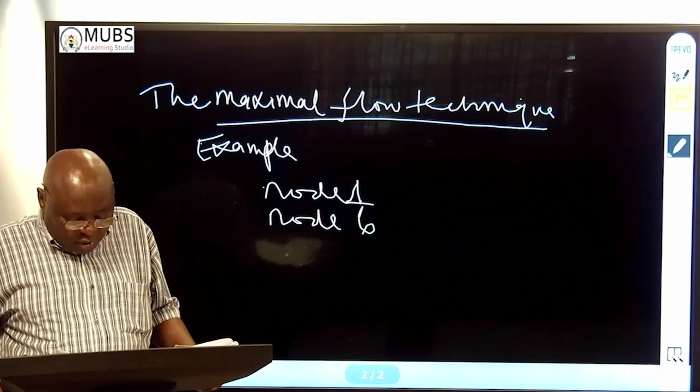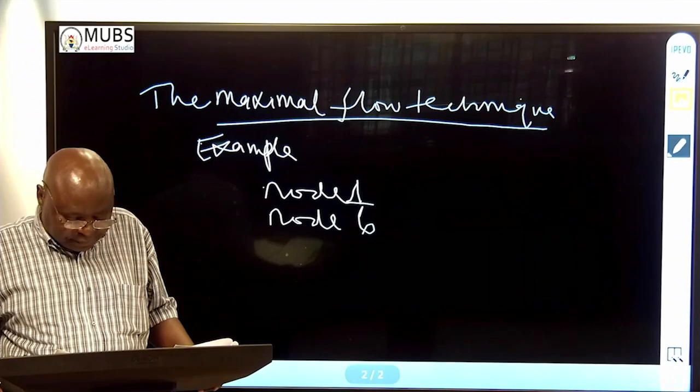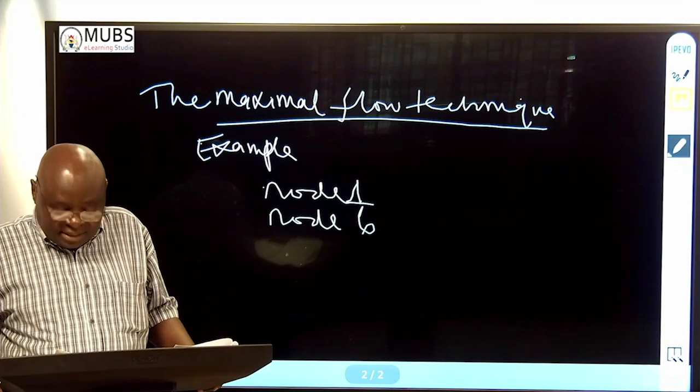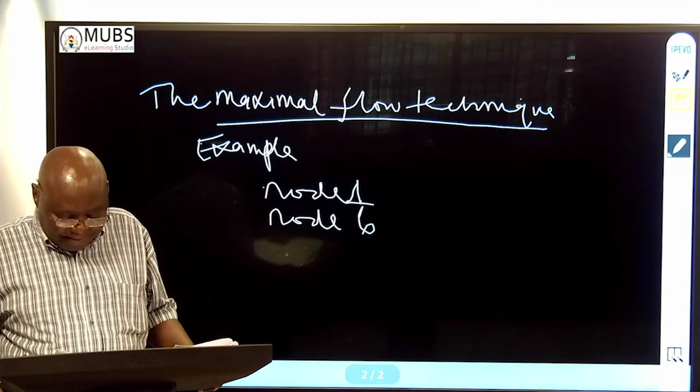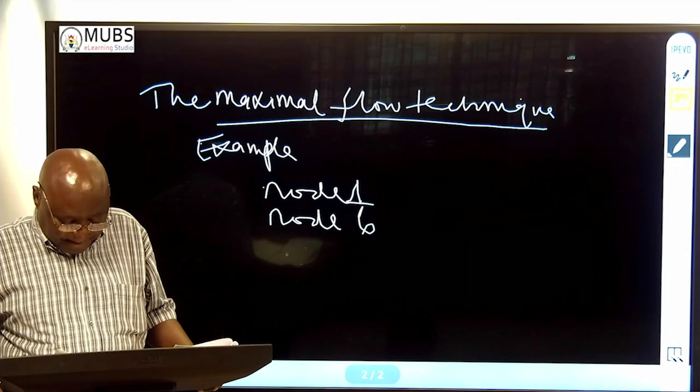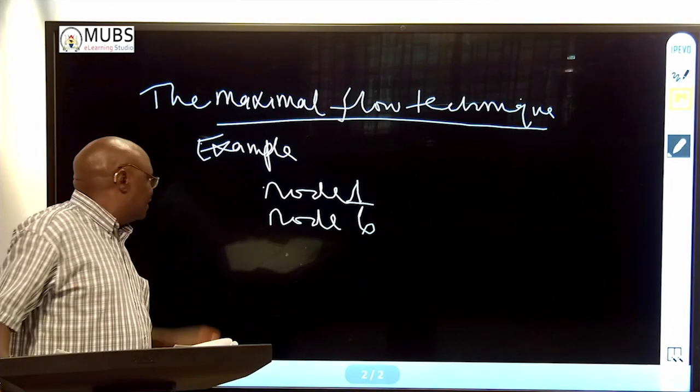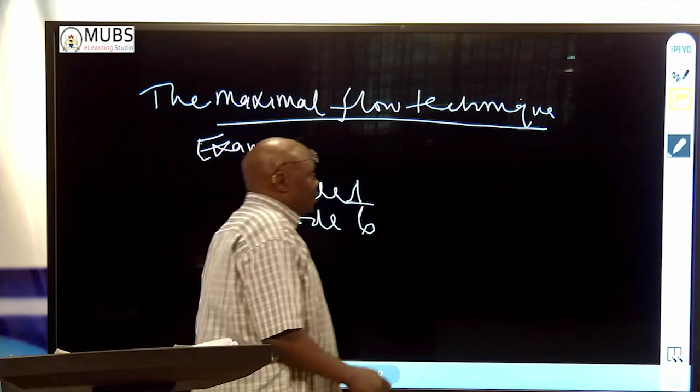And this road network is as indicated here below.